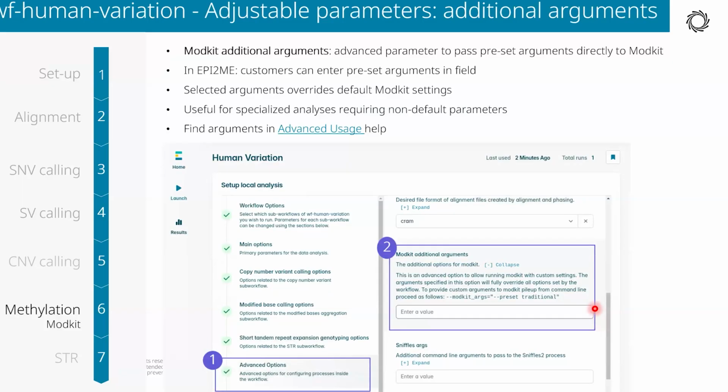For ModKit, there are additional arguments that you can set. Like some of the other tools in this workflow, like Sniffles and Clair, you can specify additional arguments that you want to pass along to it. So maybe if you wanted to ignore the 5-hmC modification in your output, you can always include that here in the workflow.